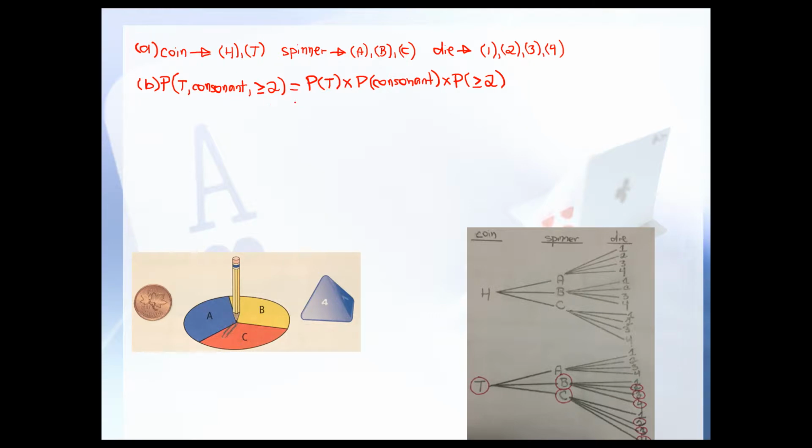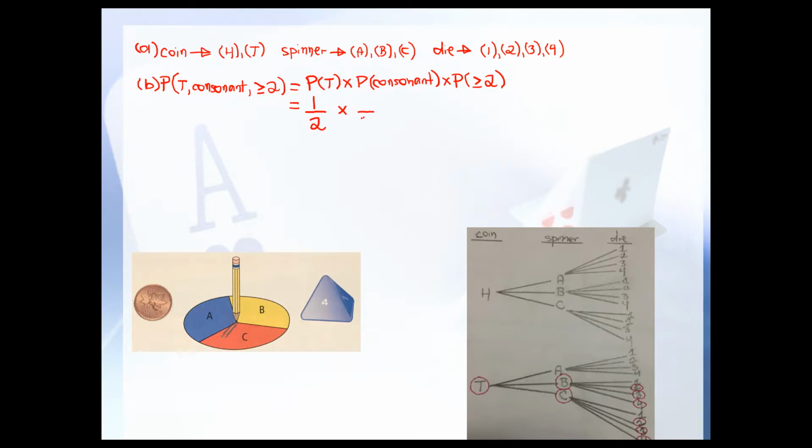Okay, so let's deal with this one first, the probability of obtaining tails on the coin. Favorable outcomes over possible outcomes. There are 2 possible outcomes for the coin, either heads or tails. Obtaining tails, there's only one way you can get that, so that'd be 1 over 2. Multiply by the probability of getting a consonant on the spinner.